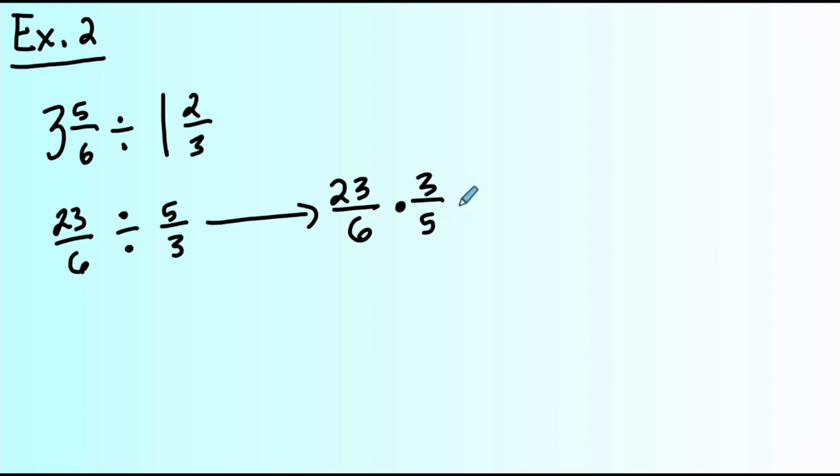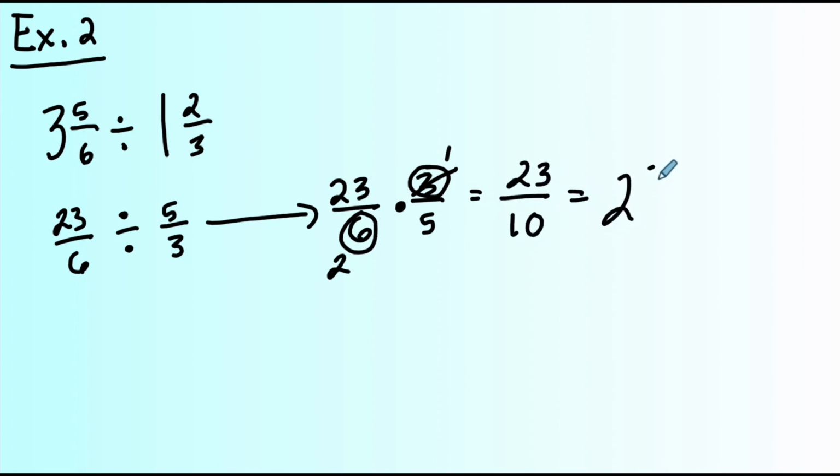Flip it, 3/5. Done. And then just multiply like you normally would. In this case, I will pre-simplify to avoid having to multiply by 23 on top. Both of these can be divided by 3. And so I get 23 over 10, or 2 3/10.